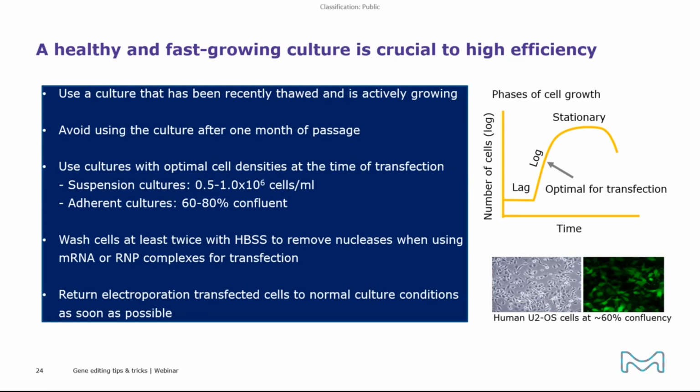Wash cells with Hank's balanced salt solution, or PBS, at least twice if you are using mRNA or RNP complexes, because cultures may have high levels of nuclease in the medium and on the cell surface, and try to return transfected cells to normal culture conditions as soon as feasible.